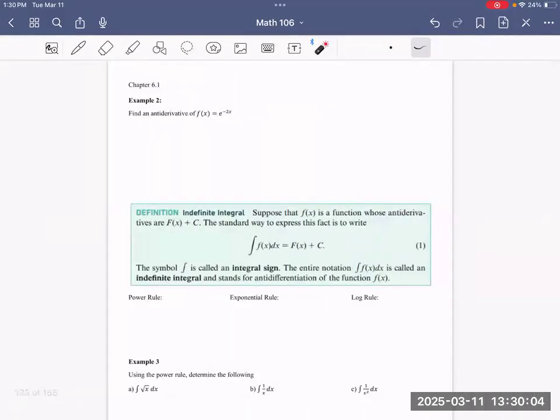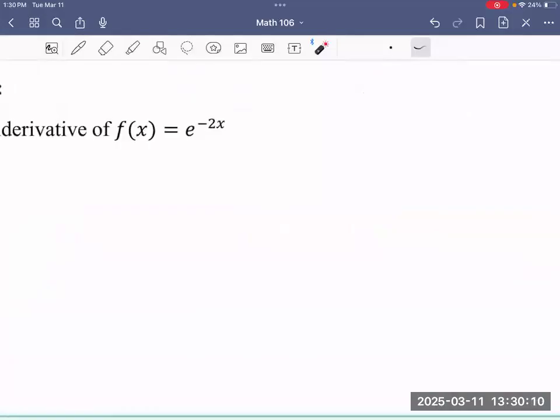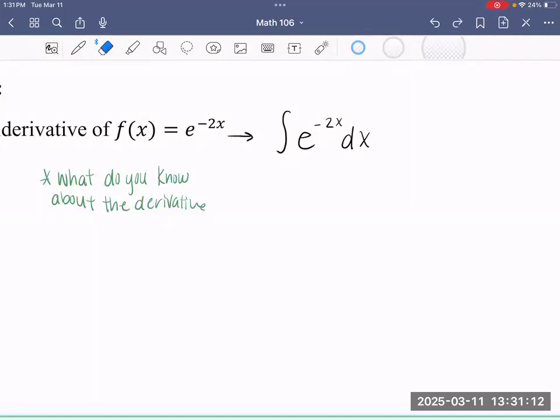Now let's have you guys try one more with the integral of e to the negative 2x. So that is the integration of e to the negative 2x, and let's just add dx to it. So what do you know about the derivative of e?